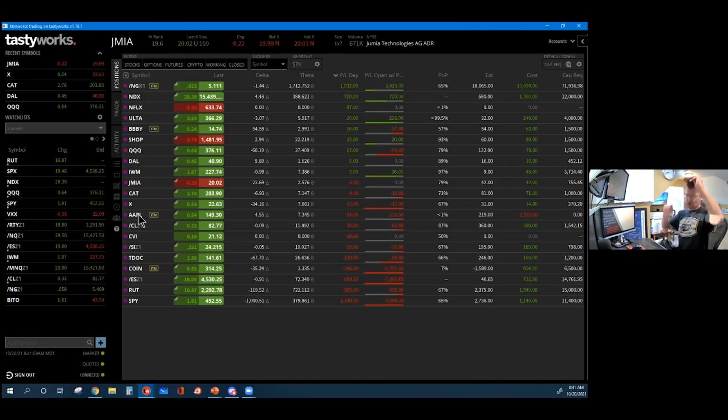The coin trade is a little tricky because I have to subtract out my buys and sells of those 5 or 6 shares that I own. So it makes it a little bit more complicated to calculate.